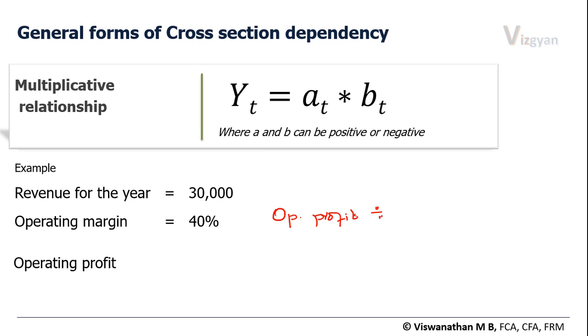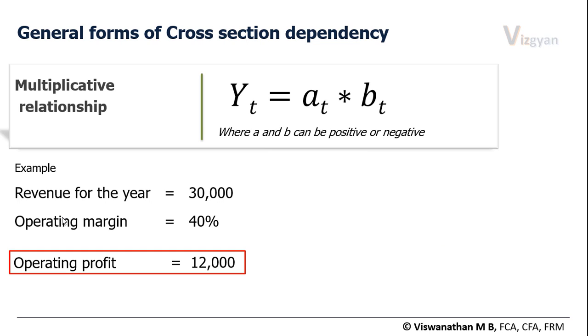That is going to be 40%. So what should my operating profit be? We know that operating profit upon sales is equal to 40%. That means operating profit should be equal to sales multiplied by 40%. In our case, that's 30,000 multiplied by 40%, which again is 12,000.